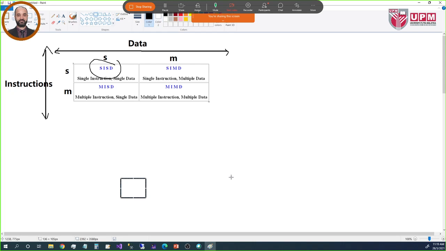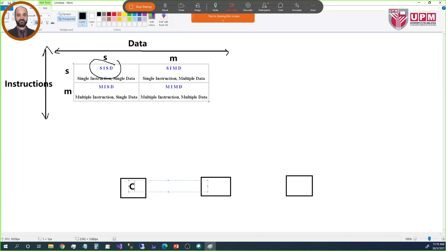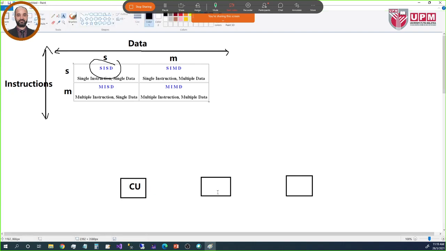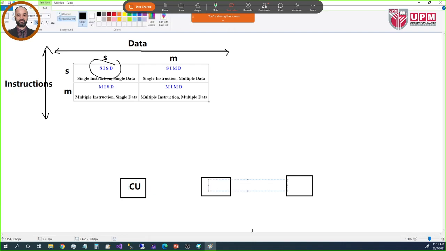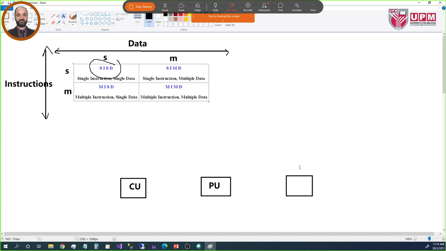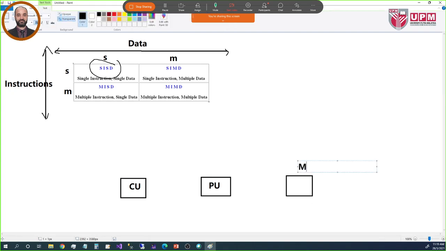This is the first unit, second unit, third unit. The first one is called the control unit, the other one is called the processing unit, and then we have memory that has data. For data I'm going to use the letter D.